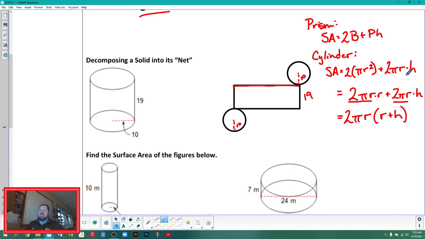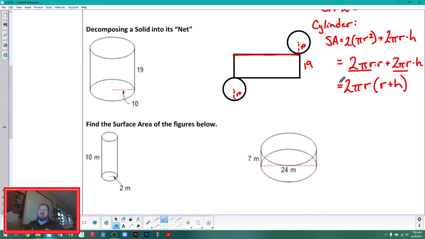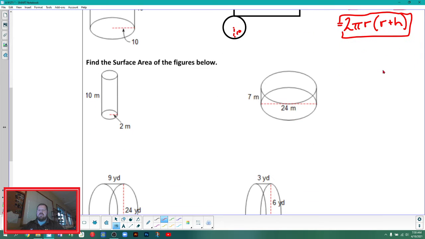If you want to use the one up here, you're more than welcome to. This one's a little bit quicker, so I definitely encourage you to use it. We definitely want to have that down, but let's use that formula today to find our surface area.